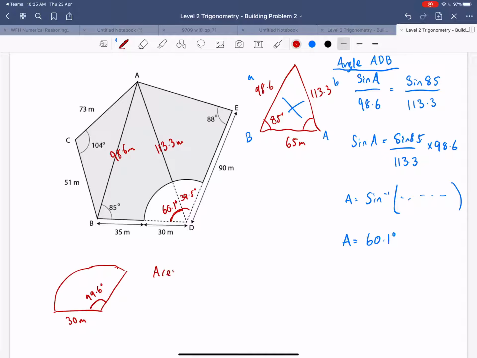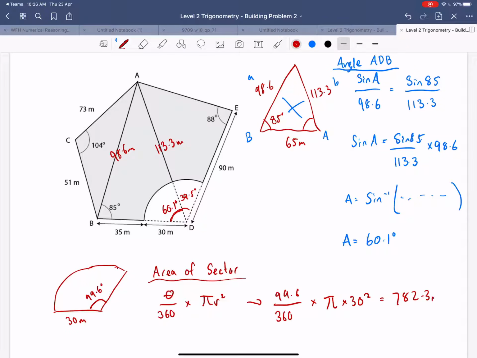So the area of the sector is theta over 360 times pi r squared, which in this case is 99.6 over 360 times pi times 30 squared, which gives me an area of the sector of 782.3 meters squared.